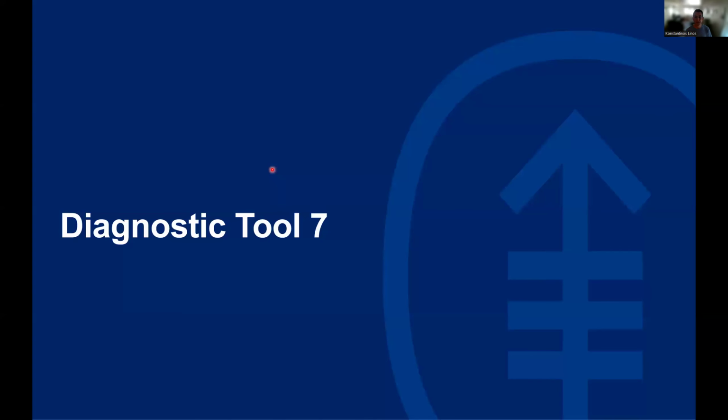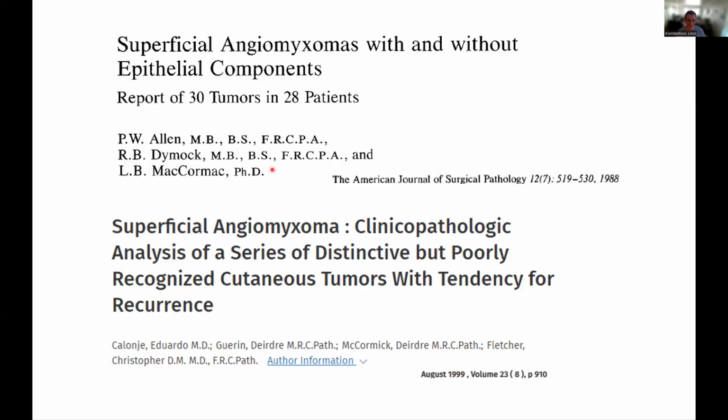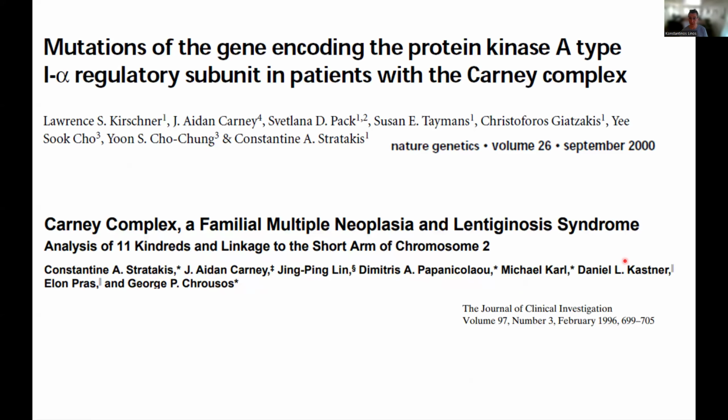Diagnostic tool 7, superficial angiomyxoma, a multinodular myxoid-rich tumor arising in dermal and superficial subcutaneous tissue, has a tendency for local recurrence. The main thing is to avoid misclassifying it as some kind of low-grade sarcoma, such as low-grade myxofibrosarcoma.